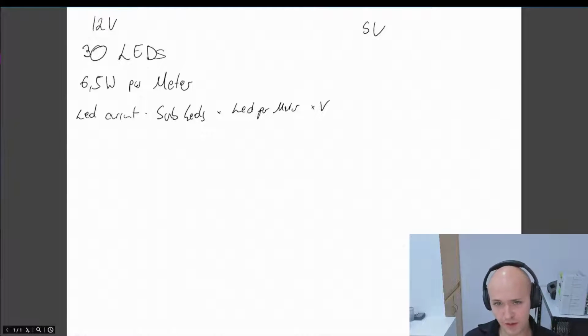If we put in the numbers, we'll see that the LED current is a value most traders and distributors don't give you.